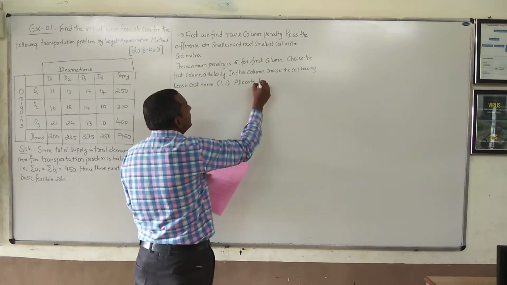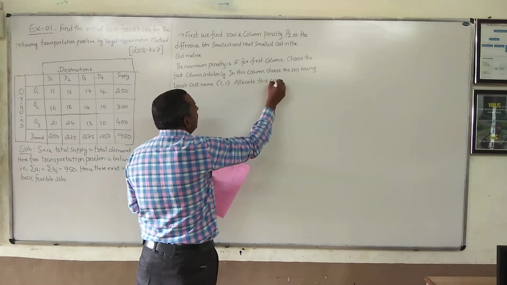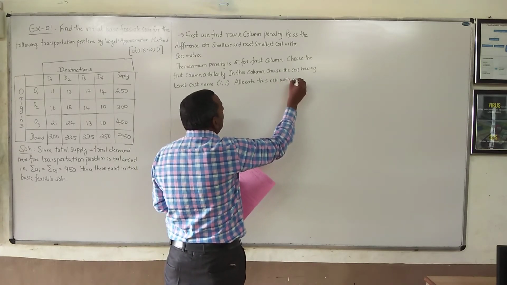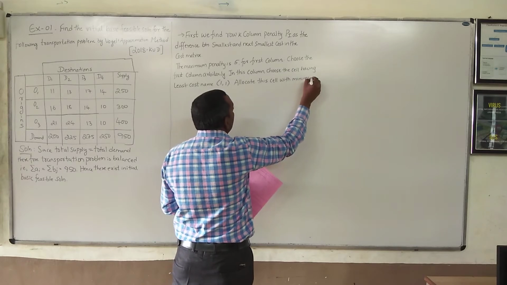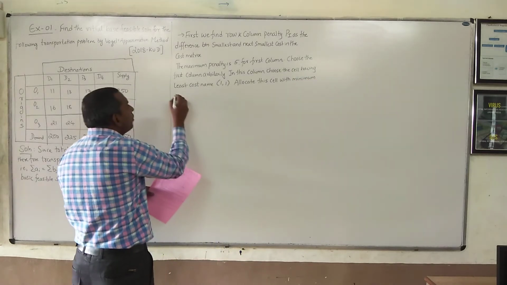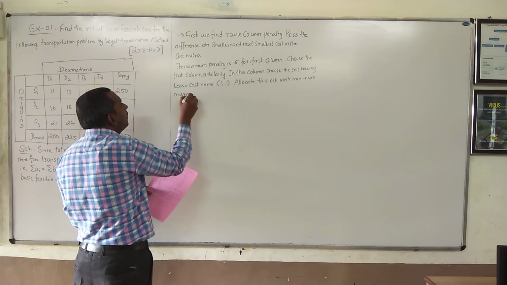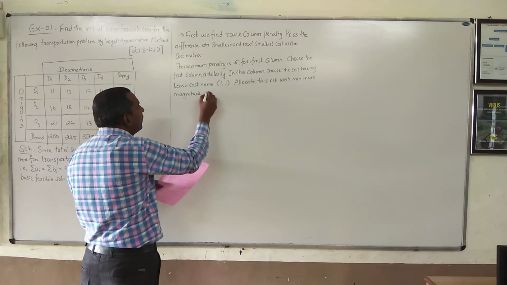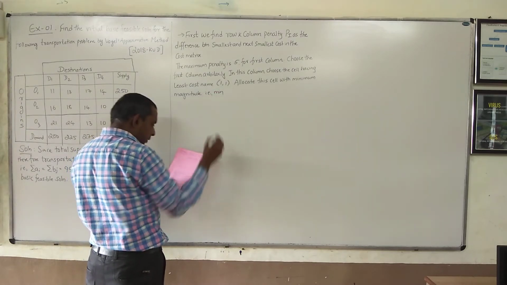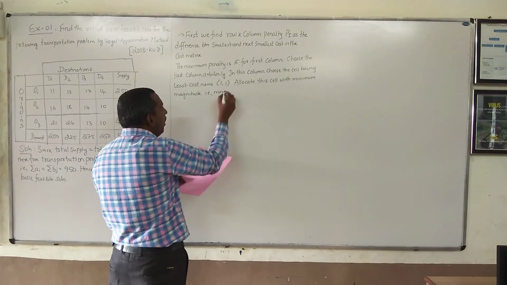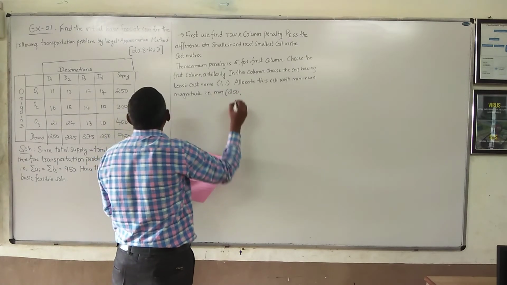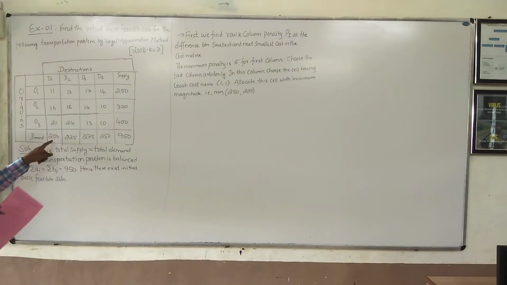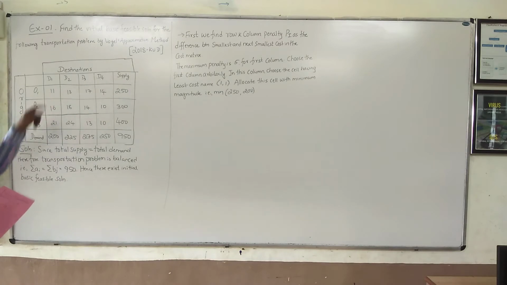Allocate this cell with minimum magnitude, that is minimum of 250, 200. Here it is 250, comma 200, because this is the minimum.